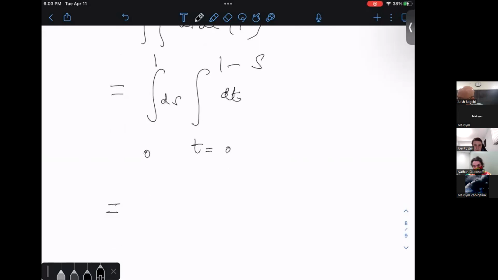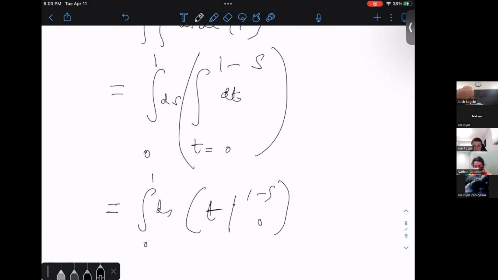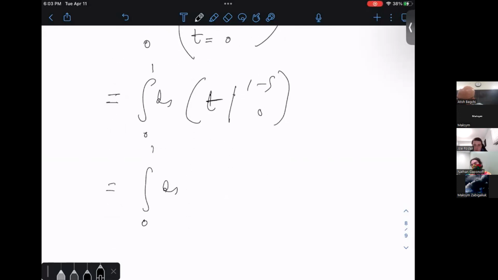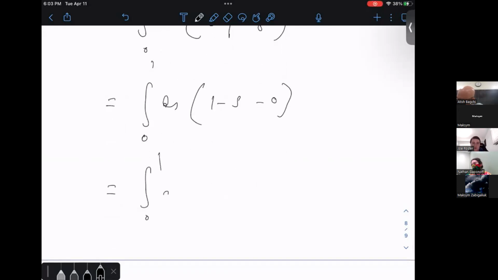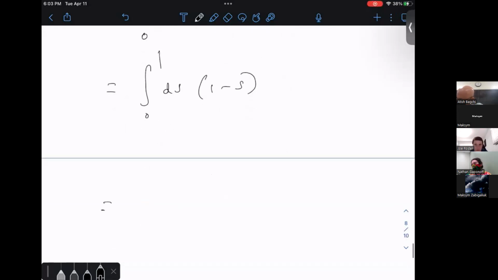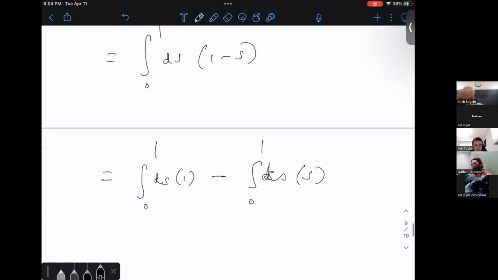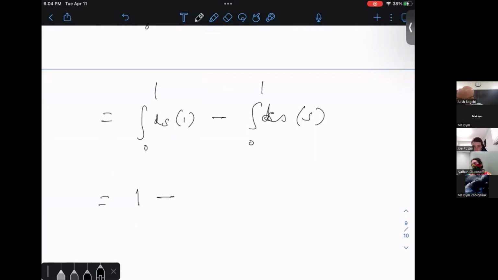This is equal to the integral ds from 0 to 1 of (1 minus s minus 0), so the integral from 0 to 1 of ds (1 minus s), which is 1 minus the integral of s ds, so 1 minus half s squared, with s between 1 and 0.